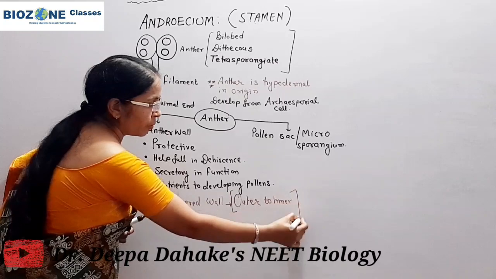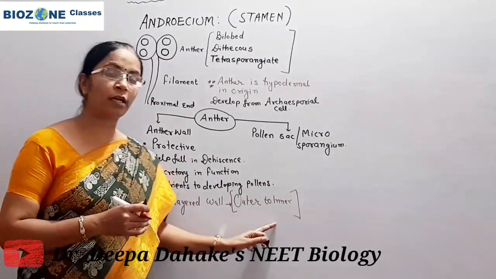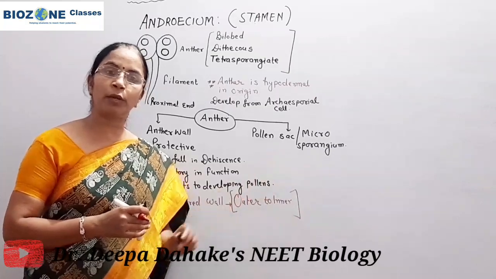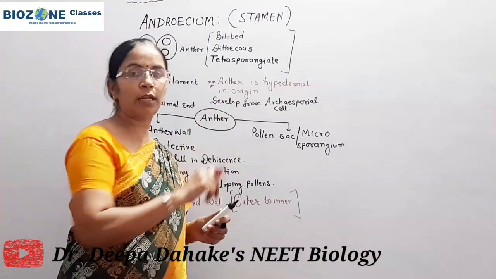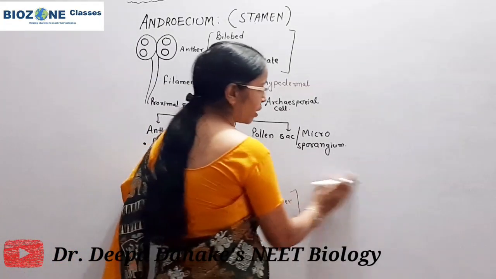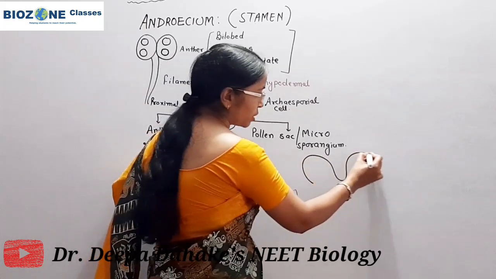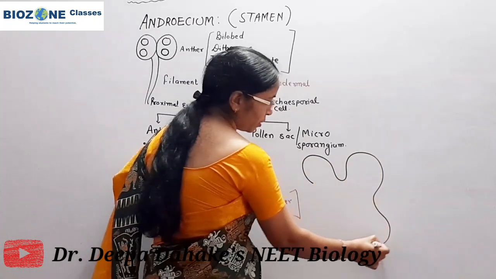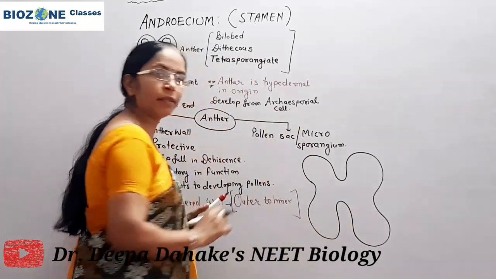So the anther wall consists of 4 layers arranged outer to inner as follows. That part we study only with the help of a diagram. When we cut a section of the anther, the structure of the anther appears in this way.